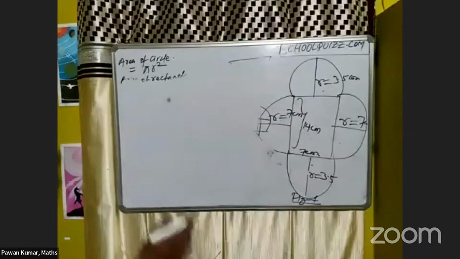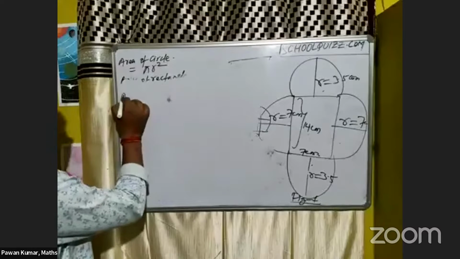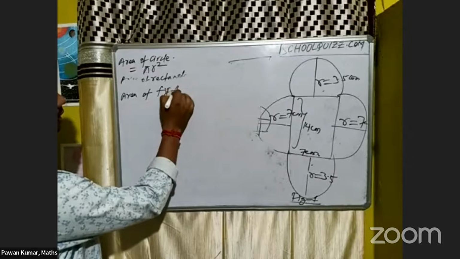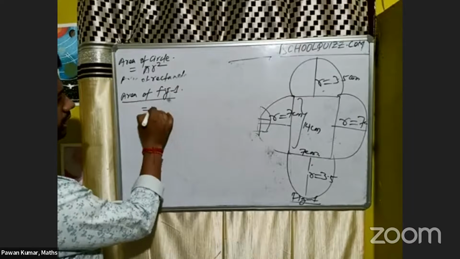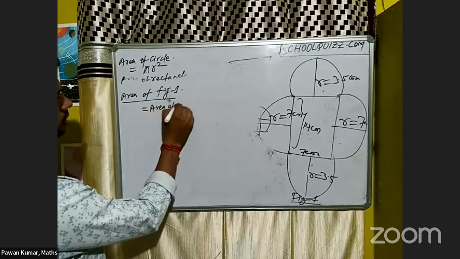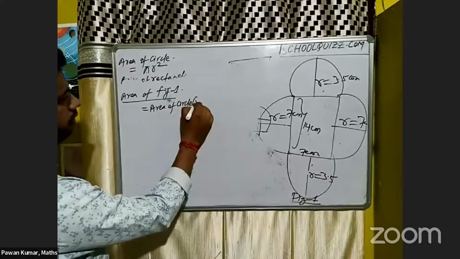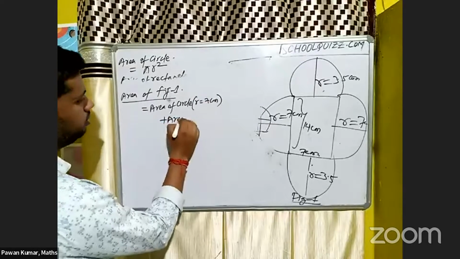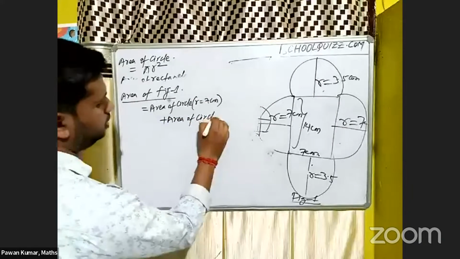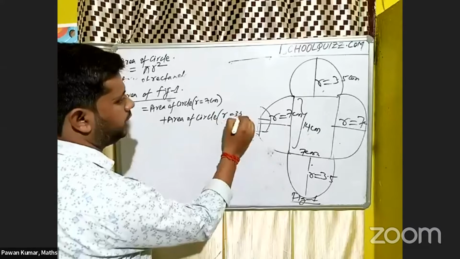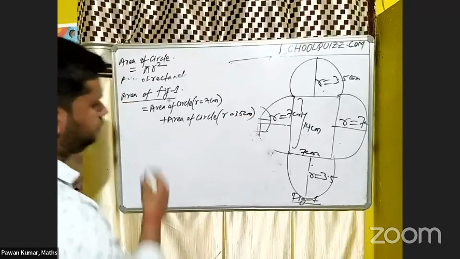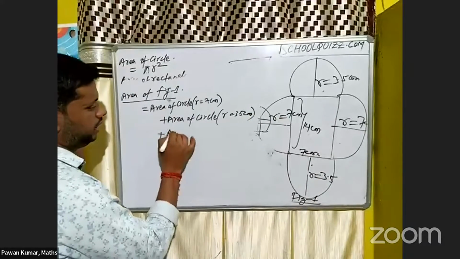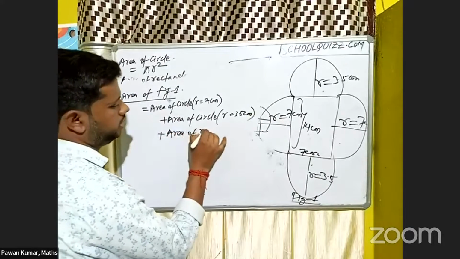So the area of figure 1 is equal to the area of a circle of radius 7 centimeter plus the area of a circle of radius 3.5 centimeter plus the area of this rectangle.